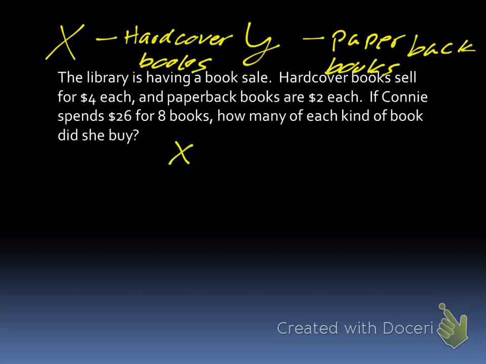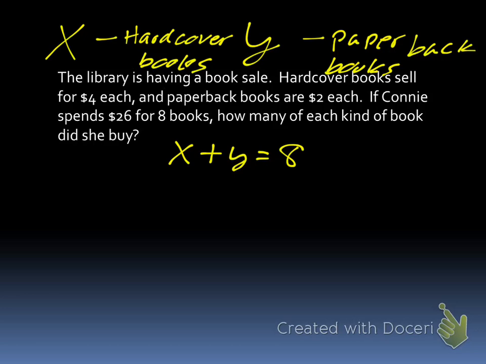How about just the amount of hardcover books plus the amount of paperback books equals 8 books. Right? X is hardcover books, Y is paperback books, and then she bought 8 books total. Okay, so you got one about the amount of books.